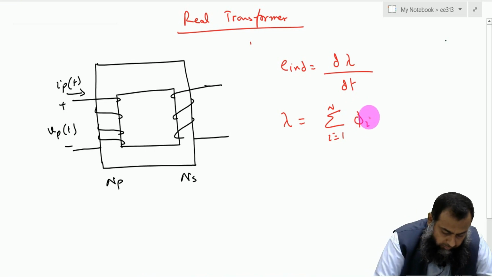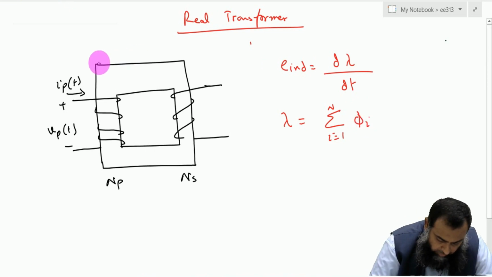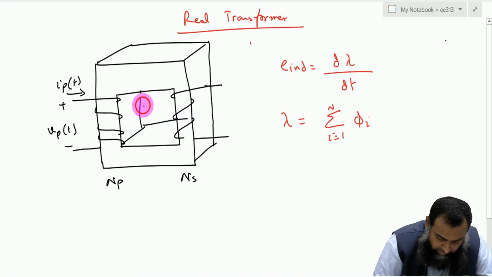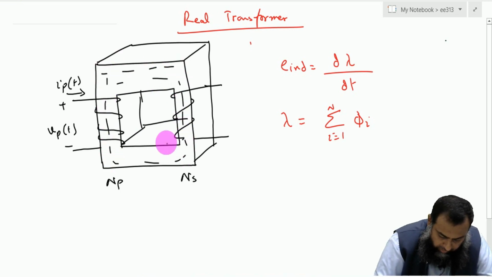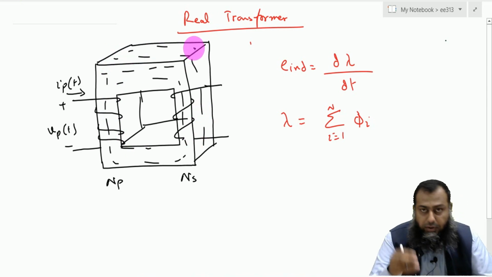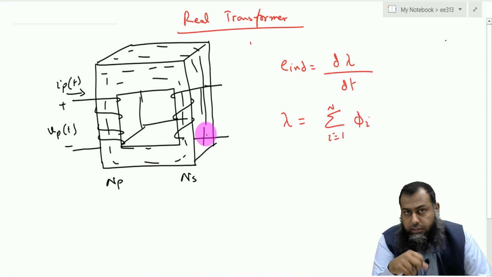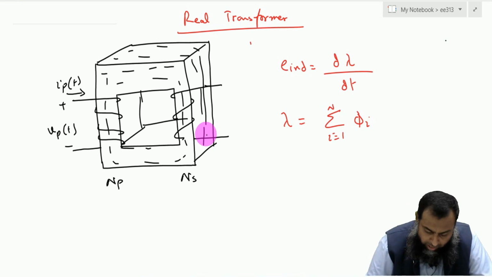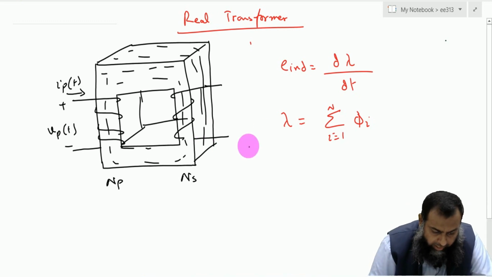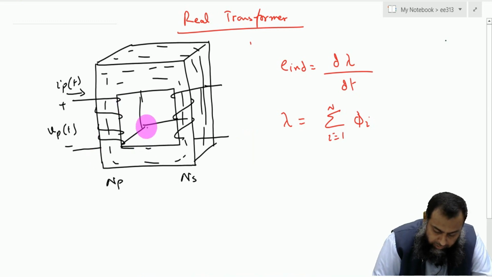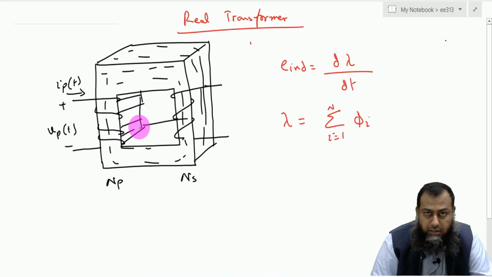As you can see, for a given transformer core, we may have flux here as well as here and here. So what amount of flux is actually linked with the windings on the primary side and on the secondary side? In order to have a simplified version, we take the average flux which is linked with these number of turns here.